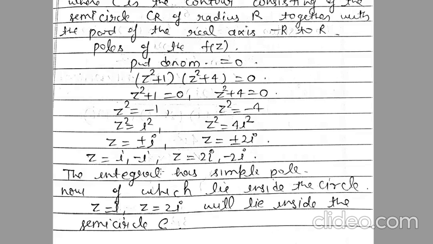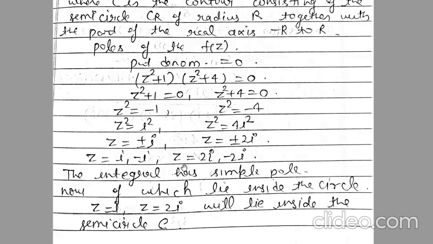Then comparing both sides, you will get x is equal to 0 and y is equal to minus 1. That means the point (0, minus 1) lies on the y axis, in the lower half circle. Then z is equal to minus iota does not lie inside the contour. We are considering the upper half circle, so the upper half circle does not contain z is equal to minus iota.